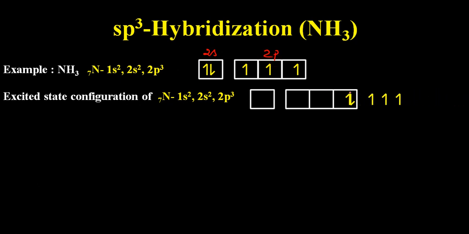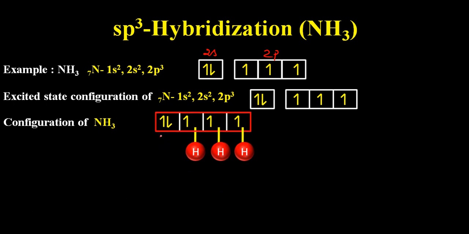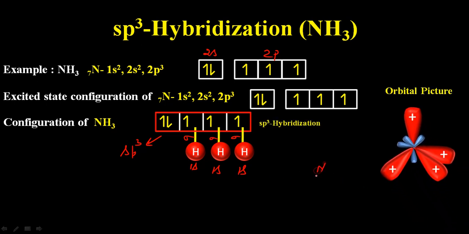So we will keep them as it is, and after the hybridization we can have this type of arrangement in which the lone pair of electrons occupy one of the sp3 hybrid orbital, and the other 3 orbitals which contain unpaired electron overlap with 1s orbitals of hydrogen atom to form 3 sigma bonds.